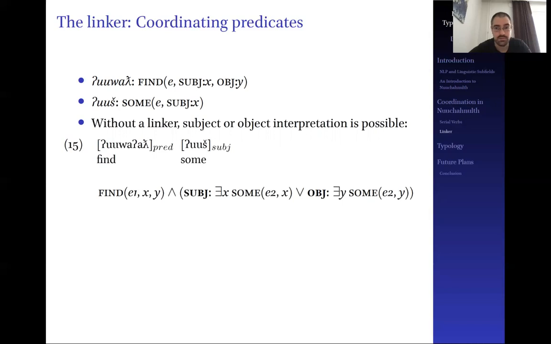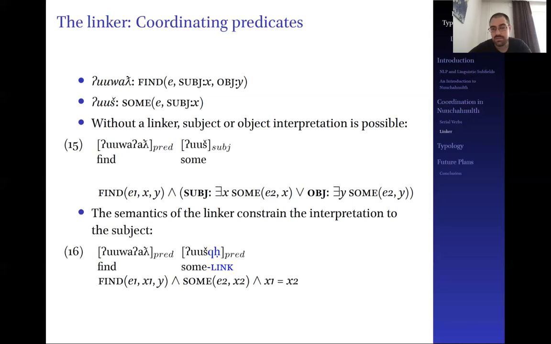So without a linker, you can get both subject or object interpretation. So find some. If we were to write this out in, again, the semi-formal semantics, we would have some finding event, which relates an X and a Y. And depending on whether we pick the subject or object interpretation, we either link the subject of some with the X argument, which is the finder, or the Y argument, which is the thing found.